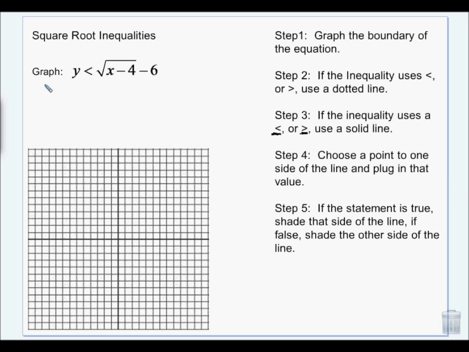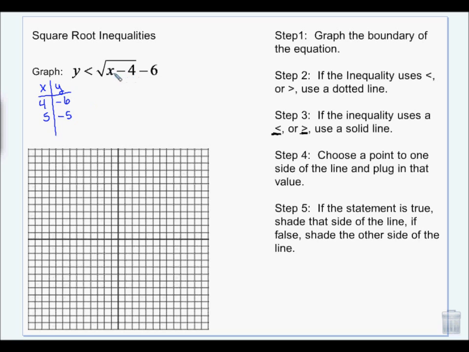I want 0, so I'm going to plug in 4, and I get 0 minus 6, so that's negative 6. I want a 1, so I'm going to plug in 5, and I get the square root of 1, which is 1, minus 6, so that's negative 5.